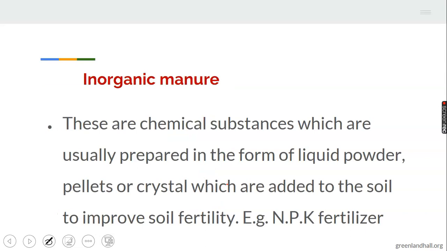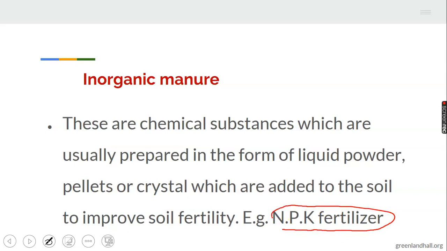We have inorganic manure. They are chemical substances which are usually prepared in the form of liquid, powder, pellet, or crystal, which are added to the soil to improve soil fertility. An example is NPK fertilizer. We have heard of inorganic manure like fertilizer.